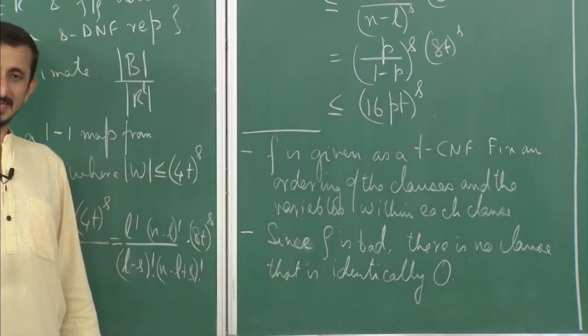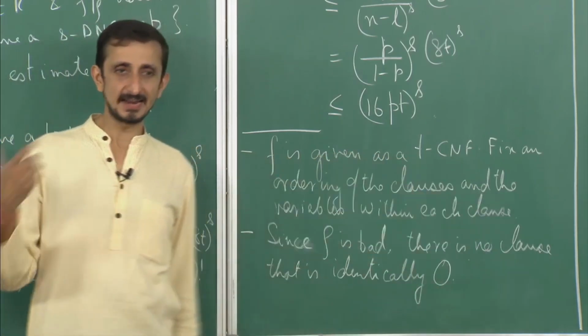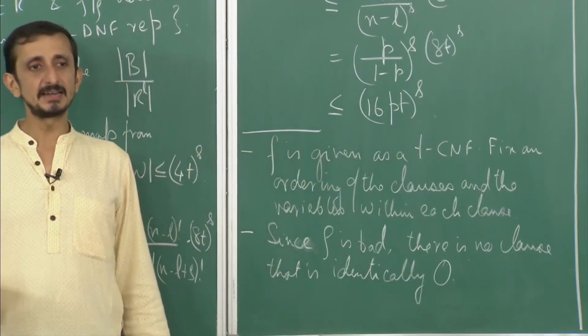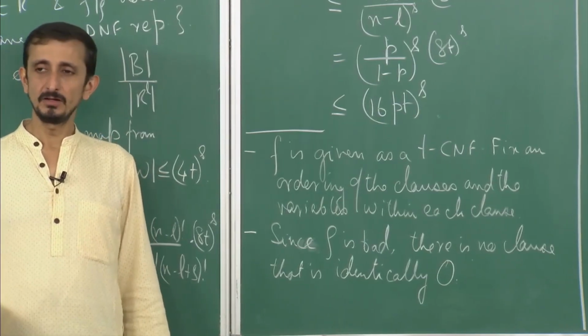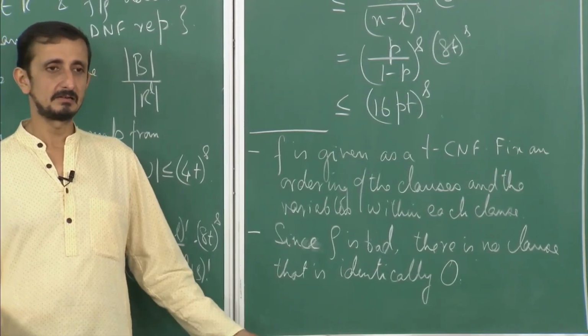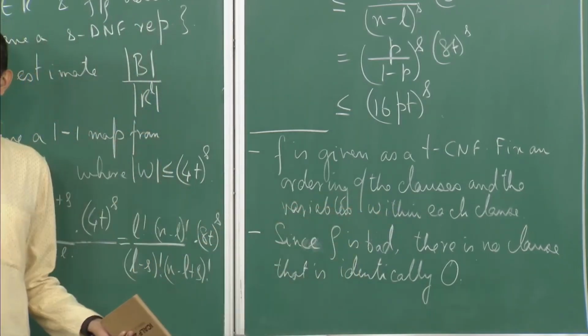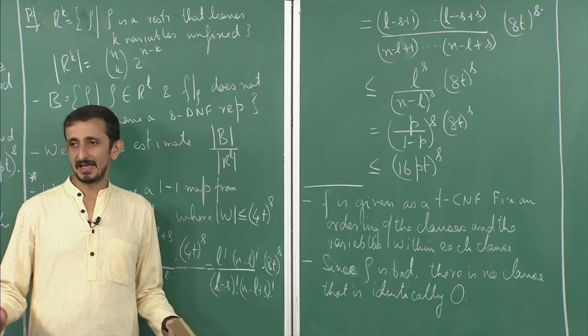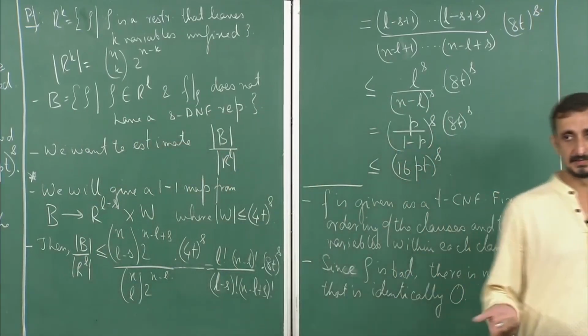Because if I have a clause in this representation that is identically 0, then f is identically 0, right. And if f is identically 0, then forget about a restriction, I can represent f as any DNF. So basically f is just the 0 function in that case.